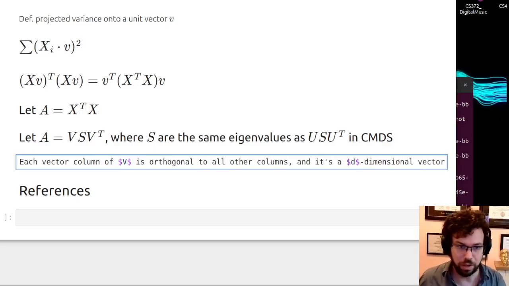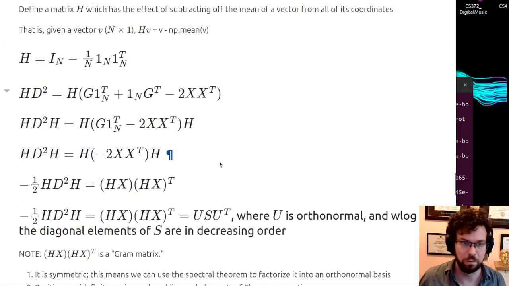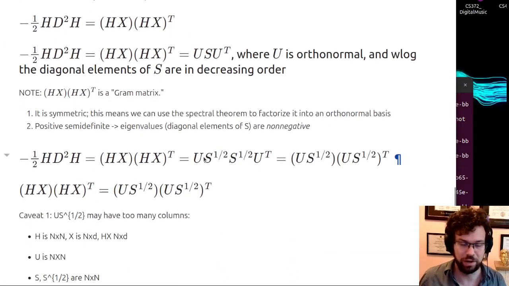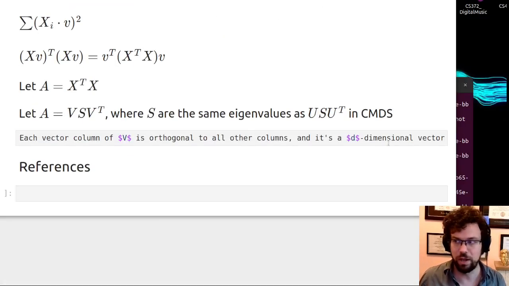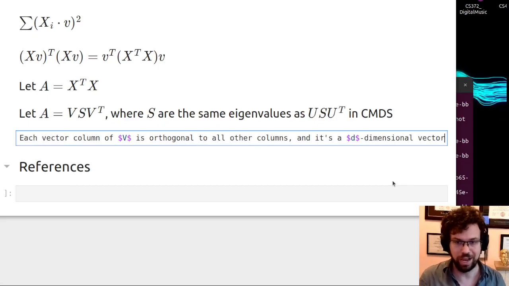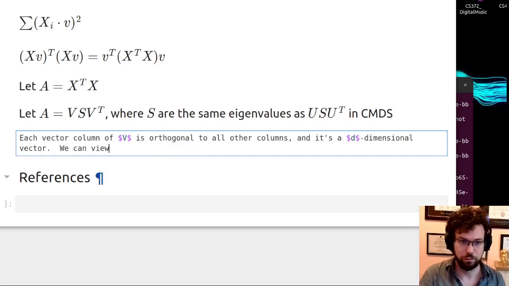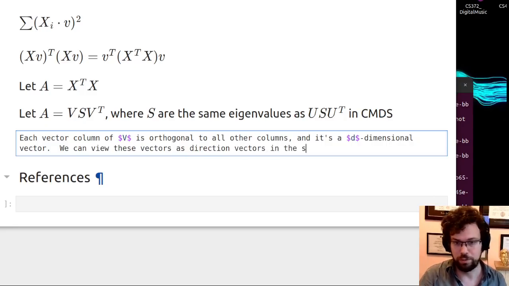So as opposed to the vectors we got back from classic multidimensional scaling, which had as many elements as there were points, these vectors have as many elements as there are dimensions. So we can actually view these vectors as direction vectors in Euclidean space, which, to be very formal, we'll say is the reals in d dimensions.